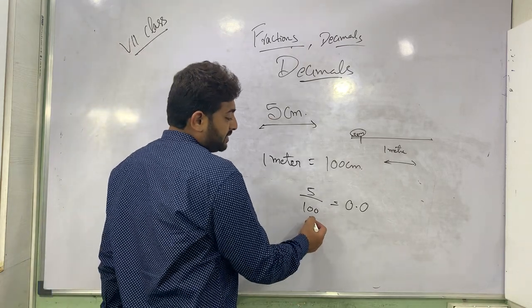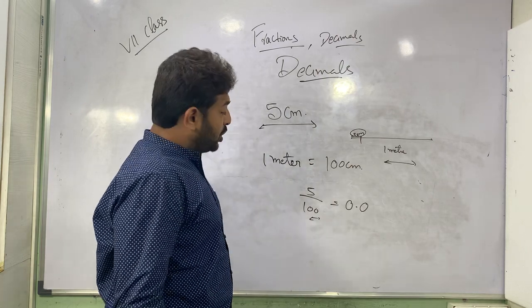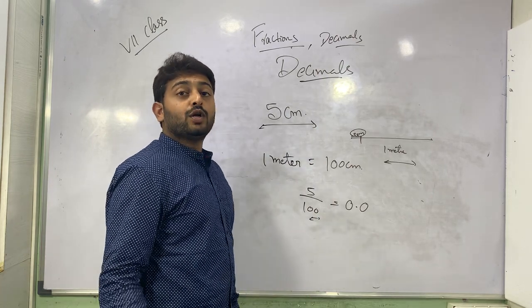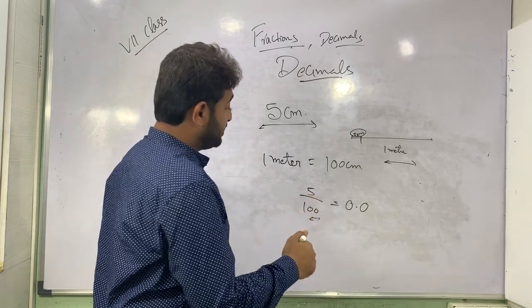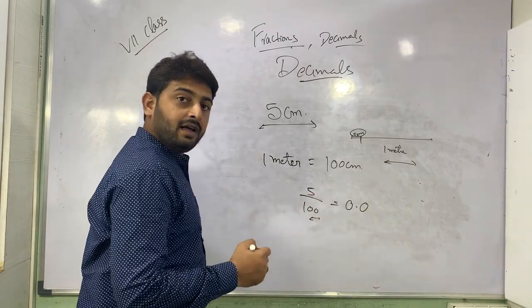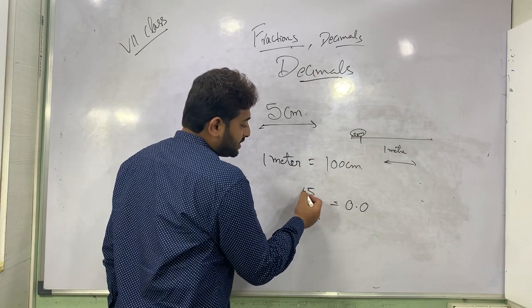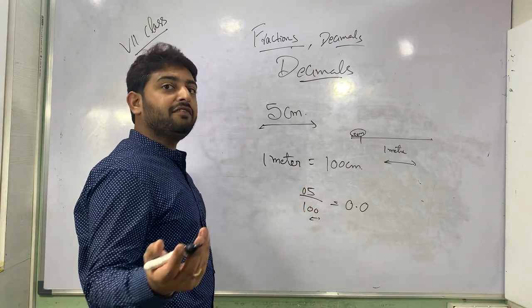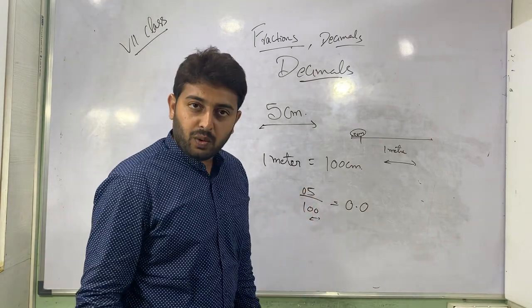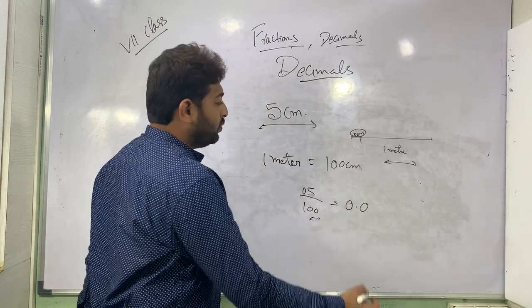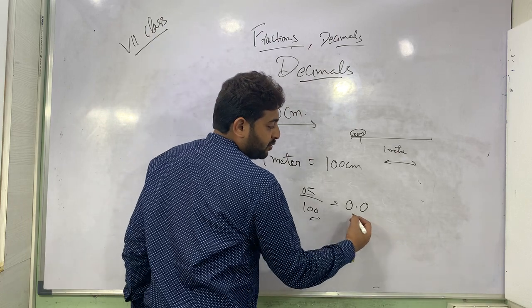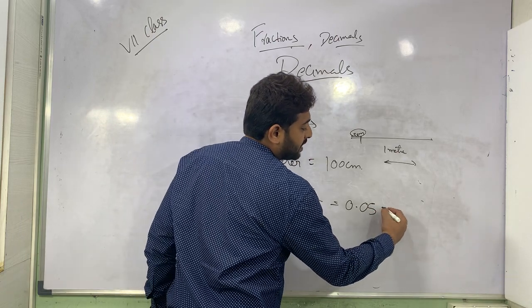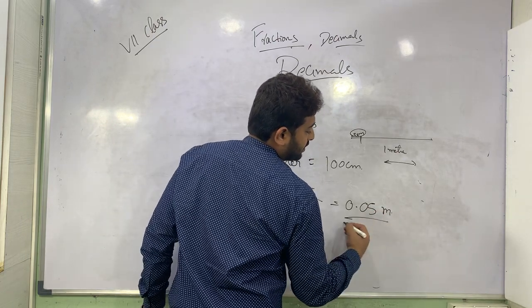But when you take these 2 zeros from the denominator and place them in the numerator, you need to put the decimal point before 2 digits. So as there is only 1 digit, you can represent 0 before it, because 5 or 05 are both equal, right? Now putting a point before 05 will give you 0.05 meter. So this is the answer.